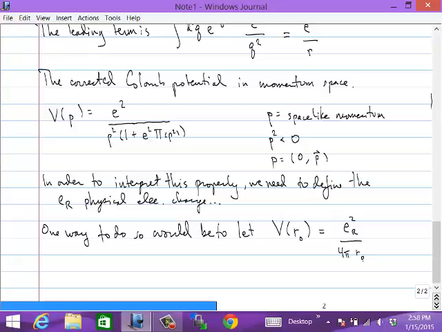That 4 pi is just the conventional factor that appears in the Coulomb potential. So in this way, we would in effect be defining the electric charge to be the force between two electrons at some given value of the radius.